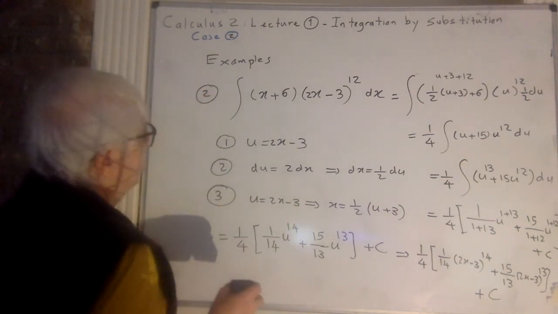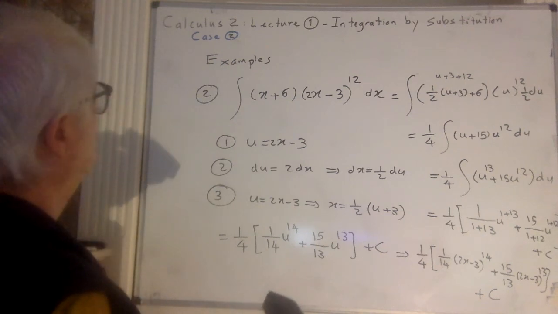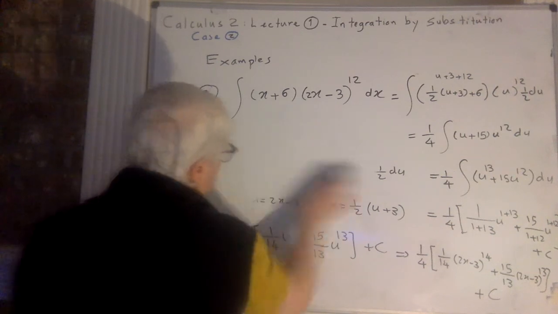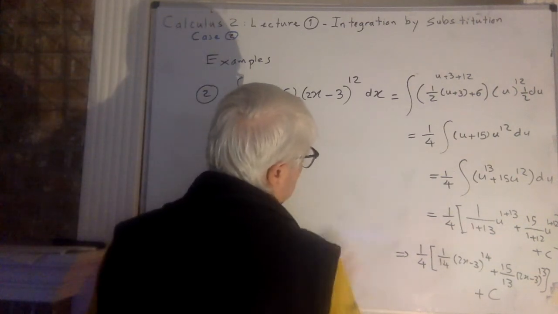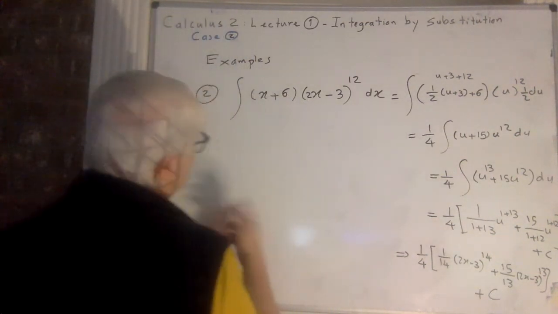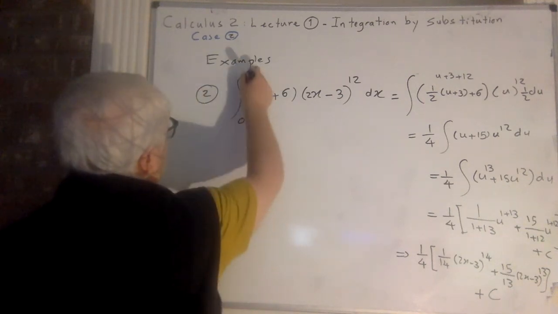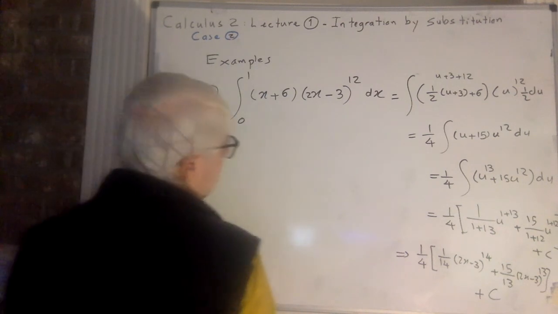Now, one last thing which I would like to discuss is this. If I have, say, limits for the integral. So say I have this thing and it goes from 0 to 1.